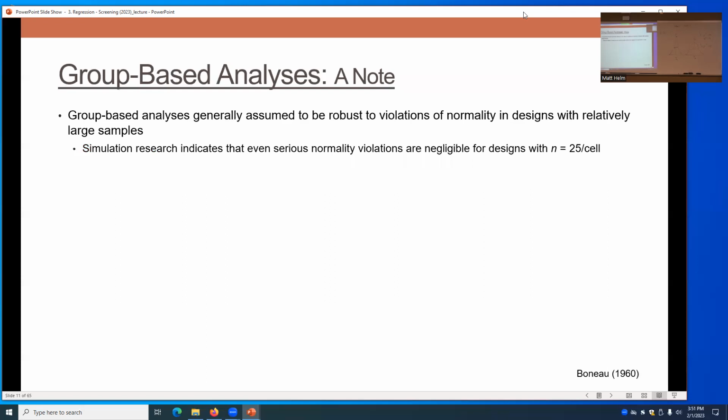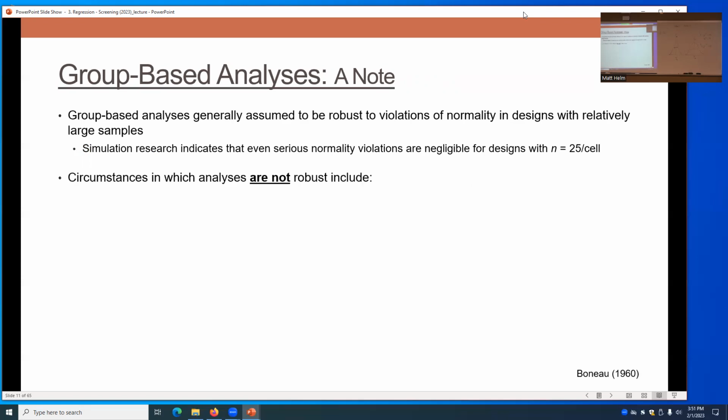I know that if I've got reasonably large samples, there's some research that says as low as a cell size of 25. I don't know if that would give me great levels of comfort, but as long as you've got reasonably decent represented cells, the sampling distribution of sample means is going to get pulled pretty quickly. So I'm less concerned, so long as I don't have weird outliers that are going to drag my mean around, right?